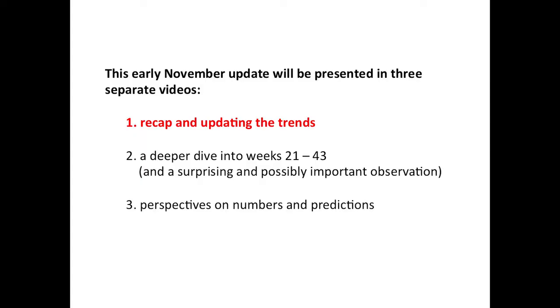That way I hope it will be more digestible. In this first video, I will do a very brief recap of the clarification process that we used in the previous video to distill the trends in non-COVID deaths in Scotland over 2021, and then I will show you the update of that data from the Scottish Government updates over the past 3 weeks, and I will also look at the 5 categories of non-COVID cause of death.